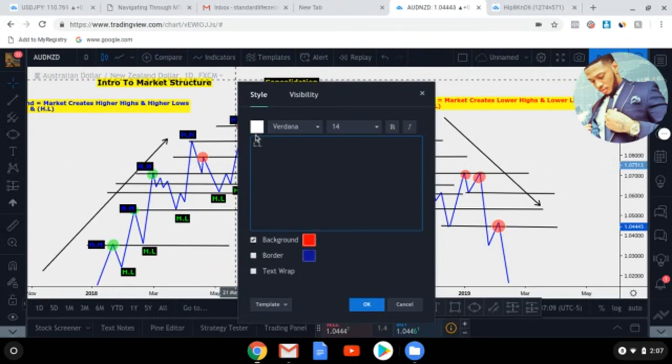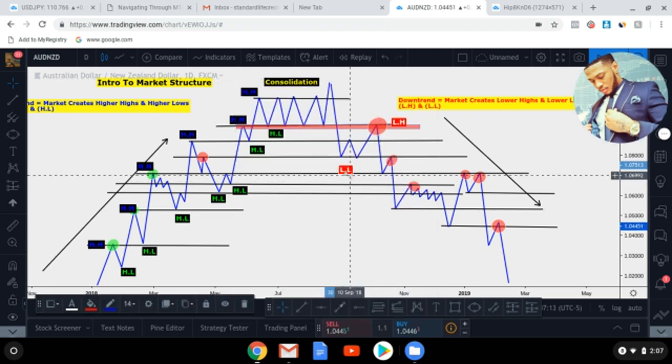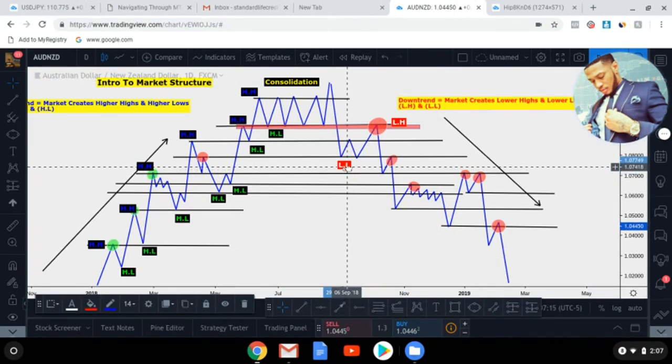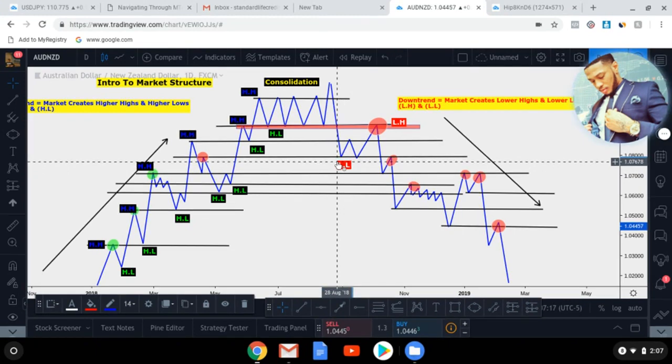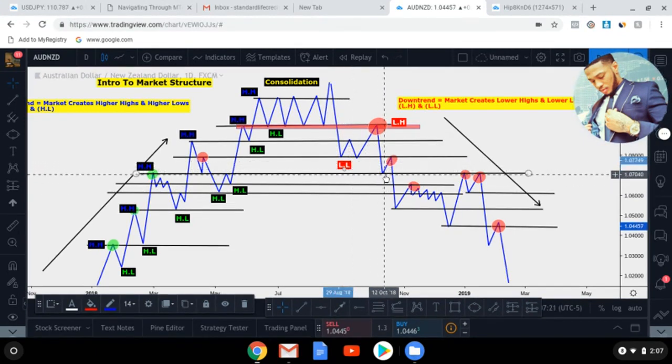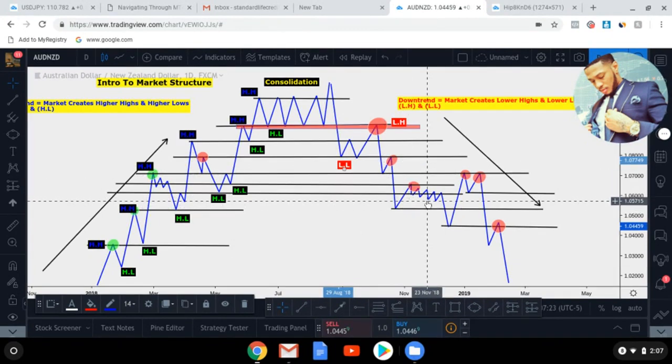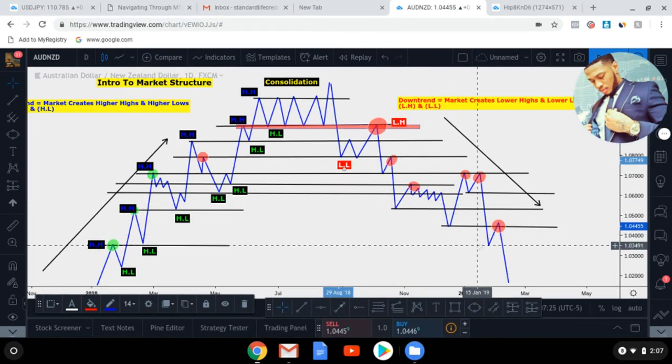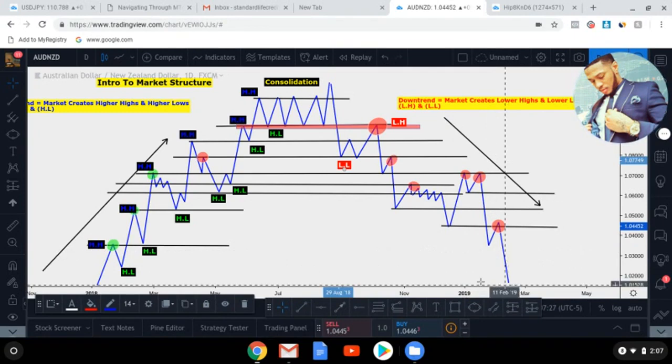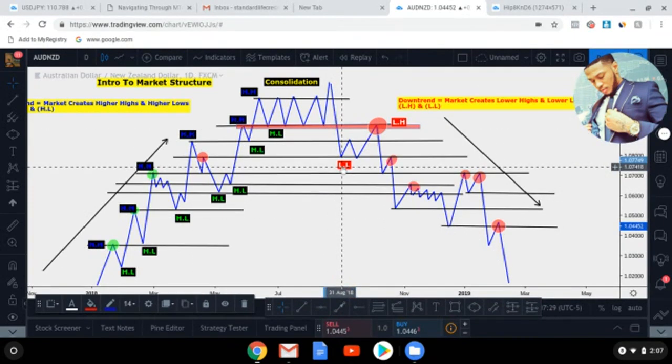Let's just go ahead. We can leave that white. It doesn't matter, as long as you guys can see this. Boom. So now I start counting on my lows, and here as I'm backtesting, we got 1, 2, right, 3, 4, and then we got the lowest low. So let's just go ahead and copy that a few times. 1, 2, 3, 4.